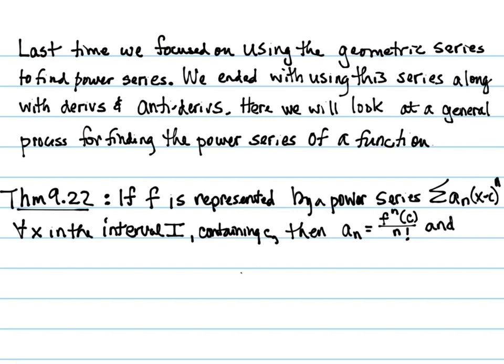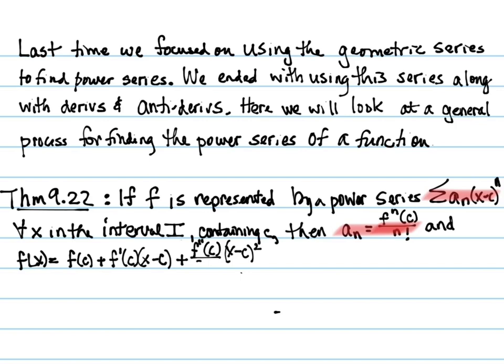And so if I combine those two statements together, I would actually get a power series form that looks something like this. f of x equals f of c plus f prime of c times x minus c, plus f double prime of c times x minus c squared over 2 factorial.